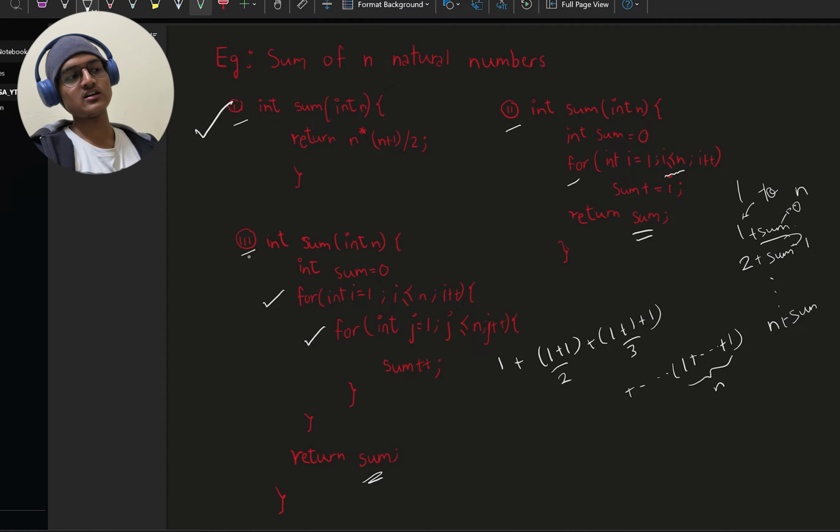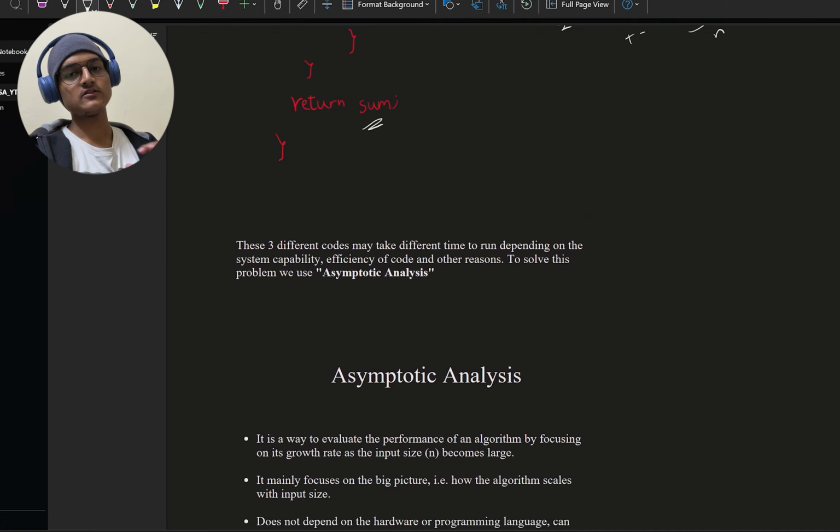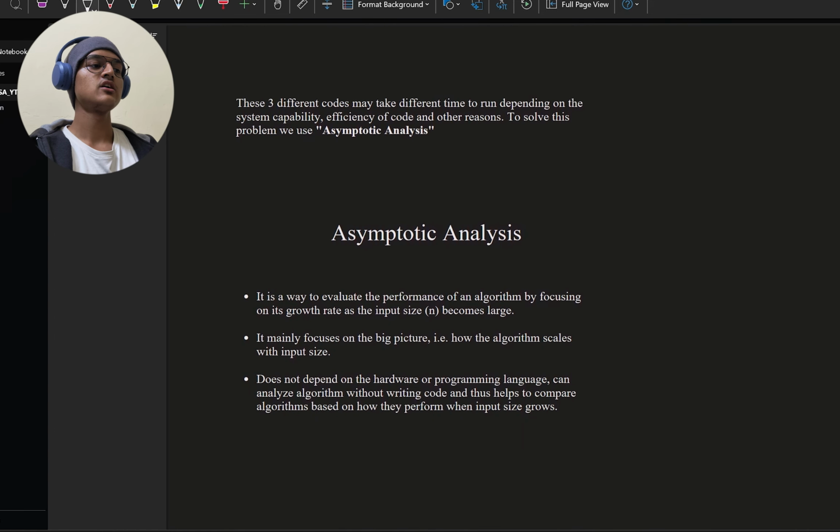So why is it that a single function, a single program that we wish to write, can be written in multiple ways, giving us the same output, and still we have a method which is the best to use and a method which is the worst to use? The answer to this is given by a different topic, which comes under the umbrella of analysis of algorithms.